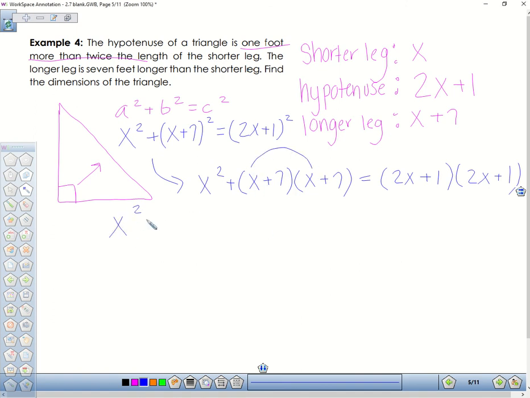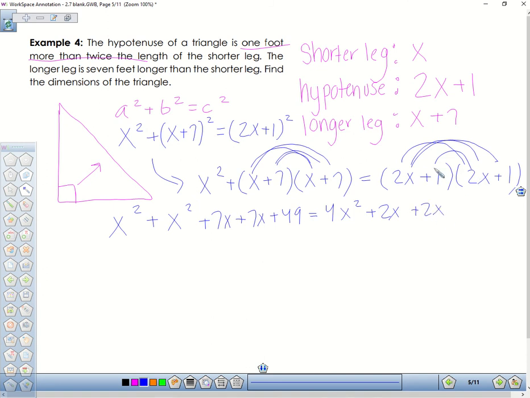This becomes x squared plus x squared plus 7x plus 7x plus 49 equals 4x squared, these are the outers, plus 2x plus 2x plus 1.